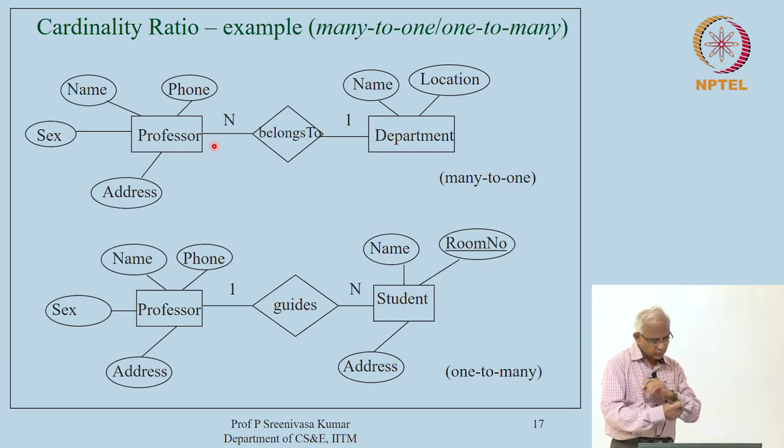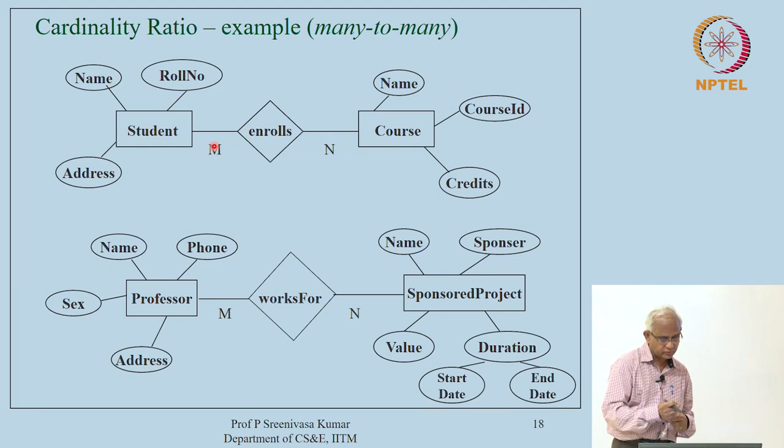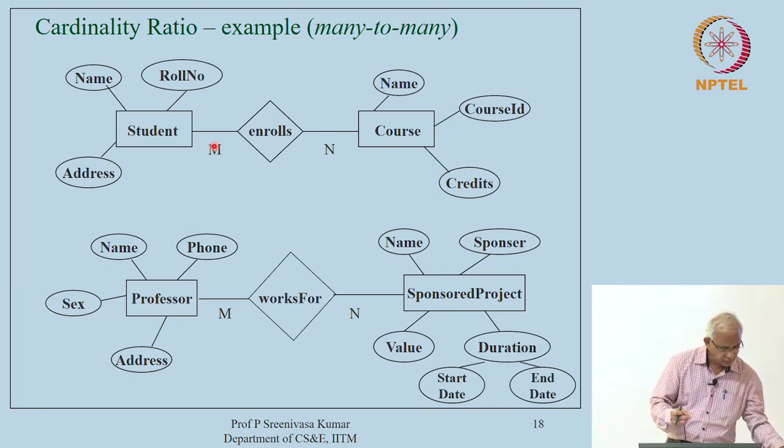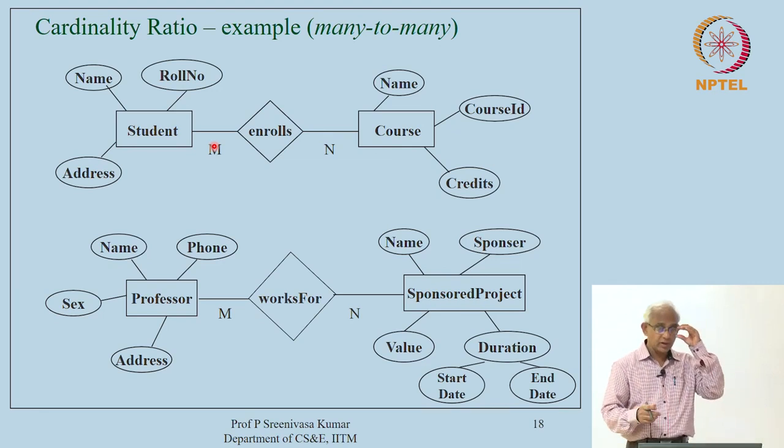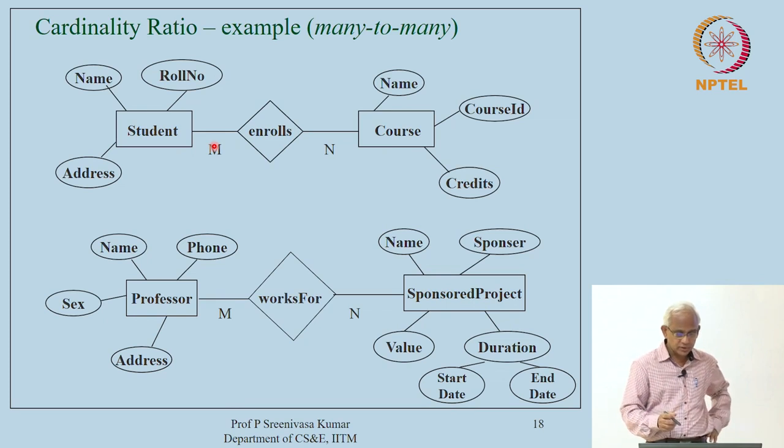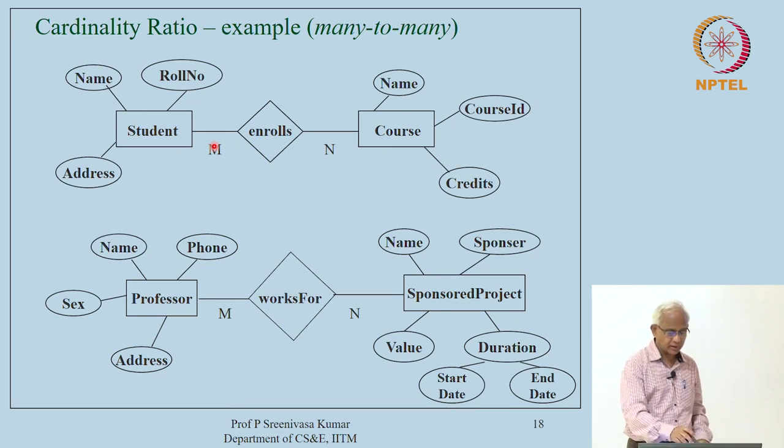Now, we also have some examples of many to many relationships. If you look at this enrollment relationship between students and courses, it is a very natural many to many relationship.